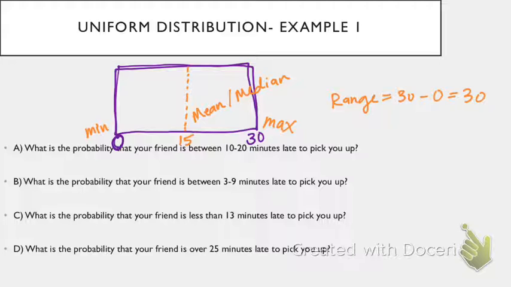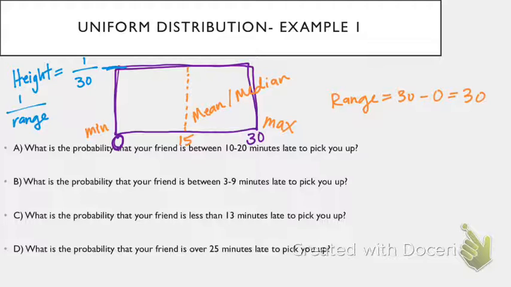The last thing we need is our height. My height is equal to 1 over my range. That's the height of my distribution. In your calculator, type in 1 over 30. You can leave it as a fraction or as a decimal, either one.